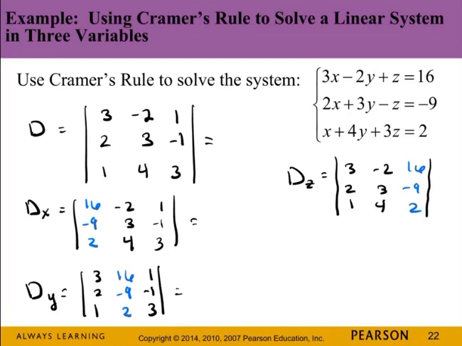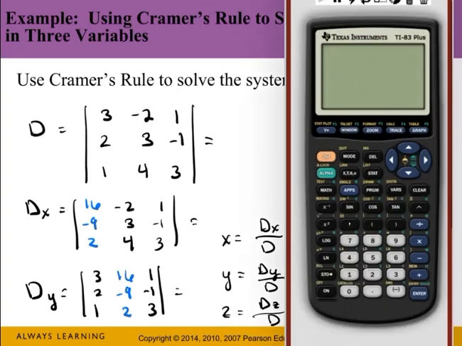Okay. So then x is going to be dx over d. So that solution over this solution, we're going to get a result there. Y is going to be dy over d, and z is going to be dz over d. Right? I'm just going to use the calculator for all of that. Okay. So let's go back to matrix. We want the determinant.